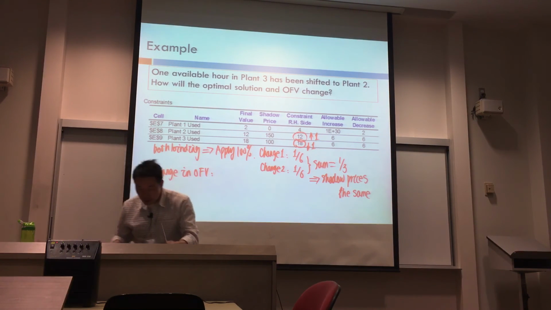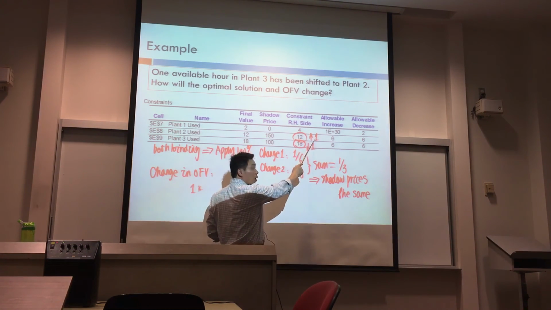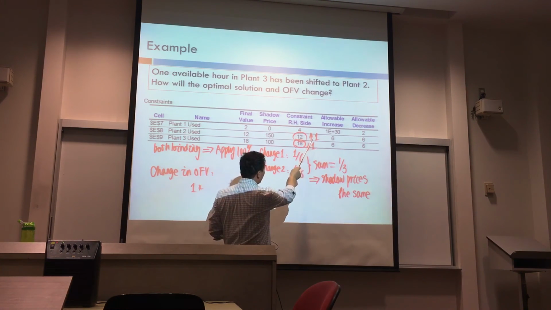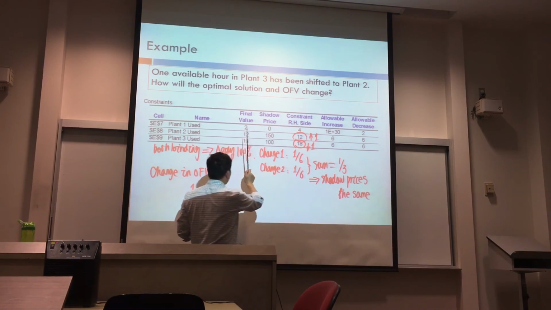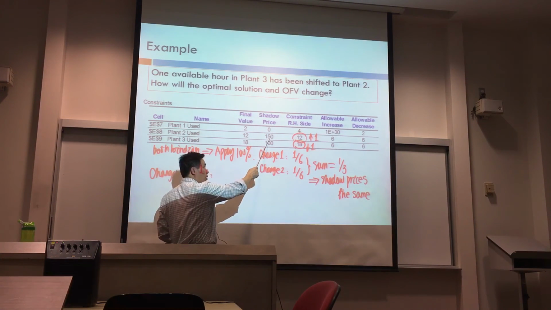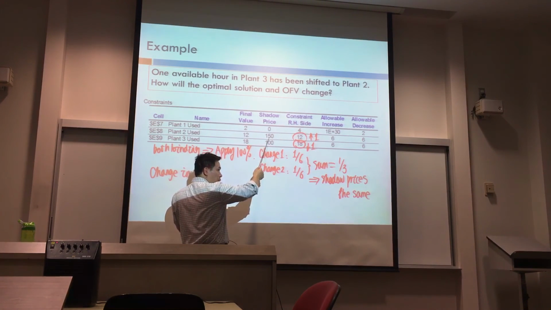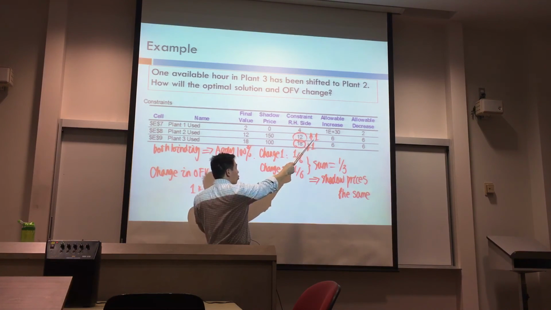Change 1 is an increase by 1, and within this range the shadow price will be the same. So it is increase by 1 times shadow price. The shadow price is the change in objective function value for each increase of the right-hand side. So this is 1 times 150.